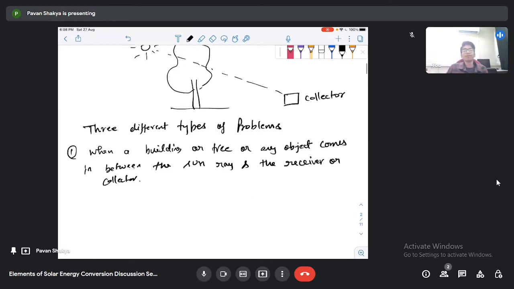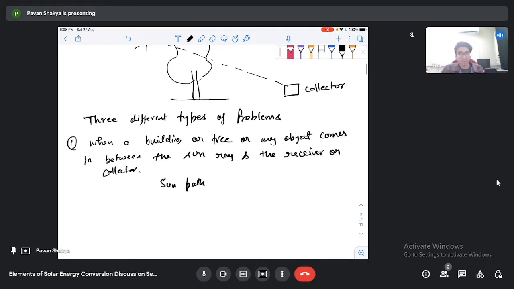This type of problem is mainly solved by the sun path diagram. I have also shown this in the last class, but today I will again solve one more problem on this topic.